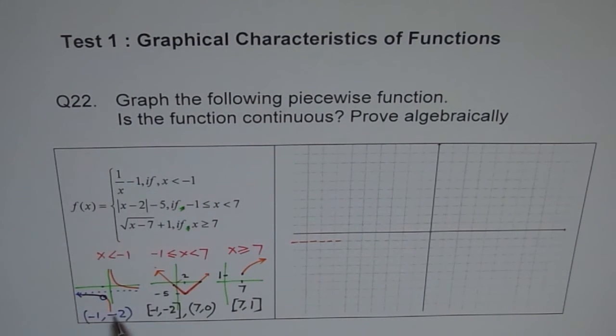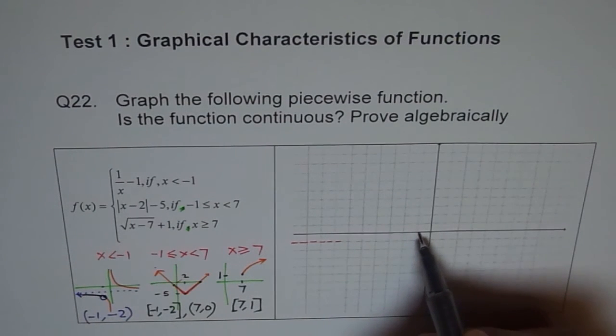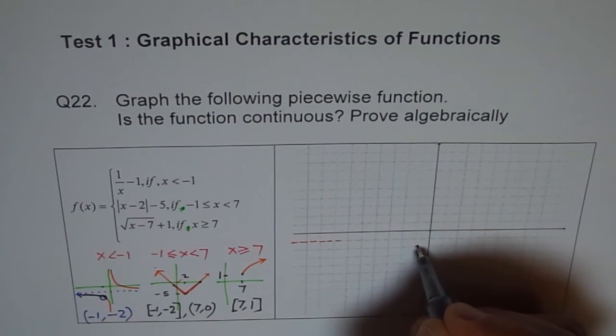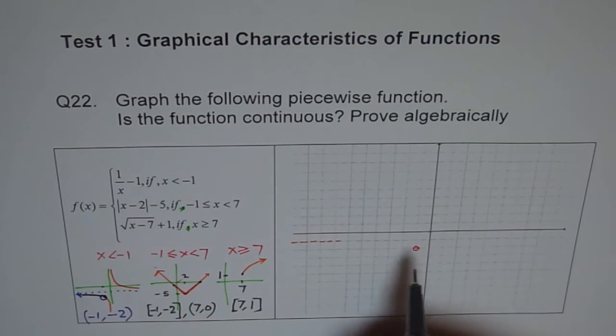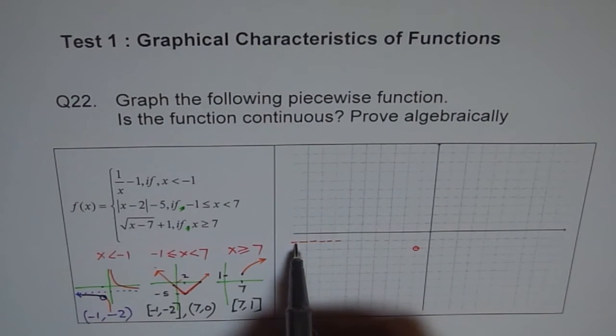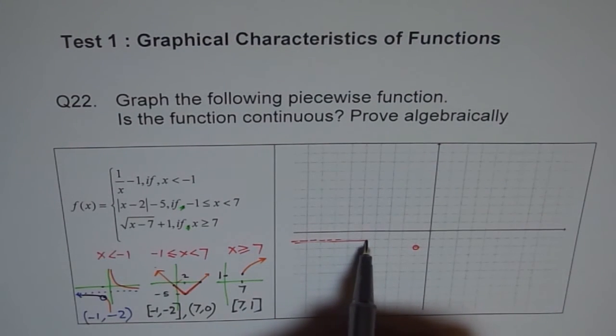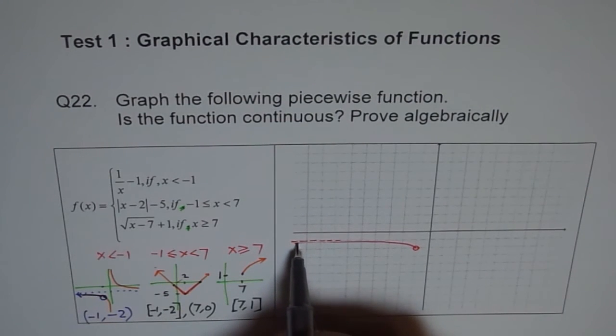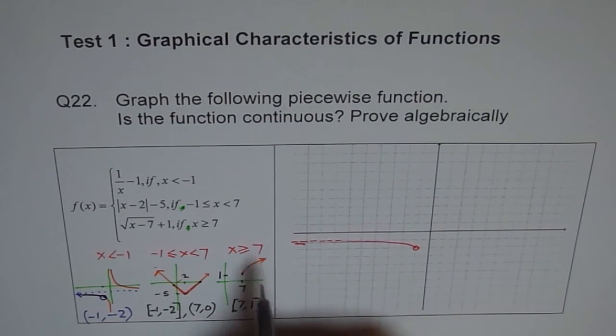It starts from minus 1, minus 2. So at minus 1 we have point here 2, and this is a hole for us, right? So from here, it's a very small space, we'll just make absolute function. That is our absolute function. Do you understand? And we'll make an arrow here.